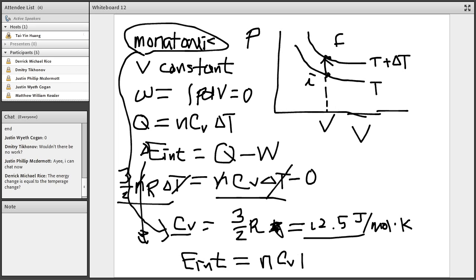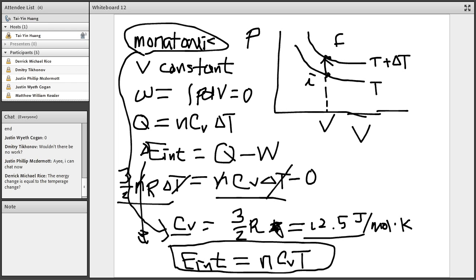So this basically tells you that for any process, internal energy has to be in this expression: the number of moles times the specific heat at constant volume times the temperature. If there's any change in internal energy, then your T becomes delta T. So this is when you have a constant volume process: your Q is nCV delta T, and the change in internal energy is this form.